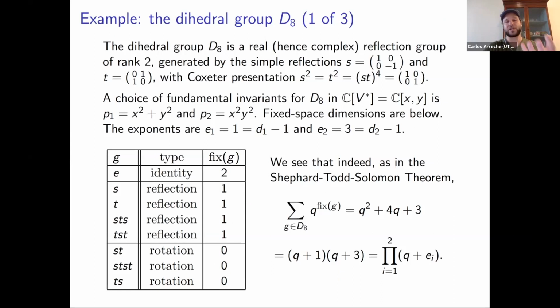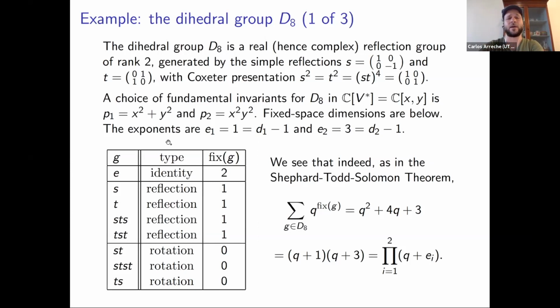But here's a very small example where you can see everything that's going on, and it happens to be in type B. So there, check, check, and check. Let's look at the dihedral group of order 8. It's generated by these two standard reflections, and here's its Coxeter representation. I think of it as a complex reflection group, acting by the same matrices in 2-dimensional complex space.